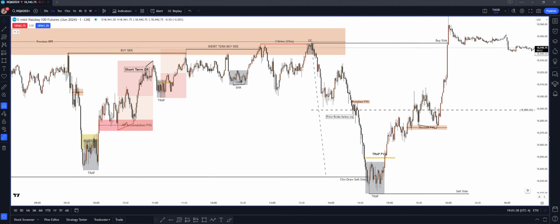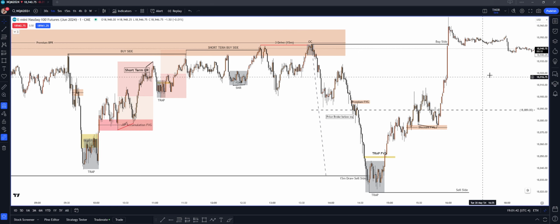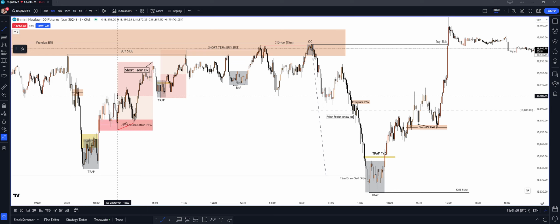Okay, let's take a screenshot of this. Here I'm gonna do this. Just trying to make it as clean as possible for the screenshot, basically. That's what I'm trying to do here.